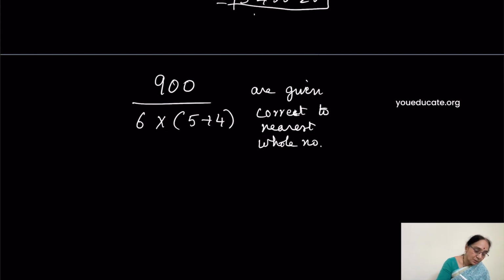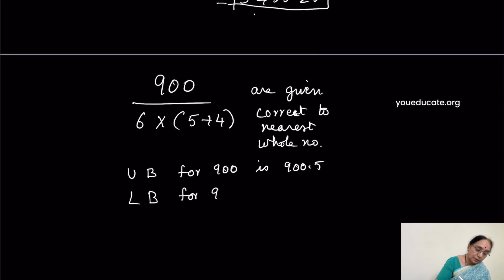So the upper bound for 900 is 900.5. Lower bound for 900 is 899.5.